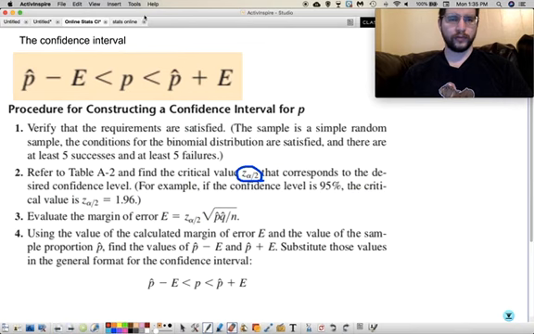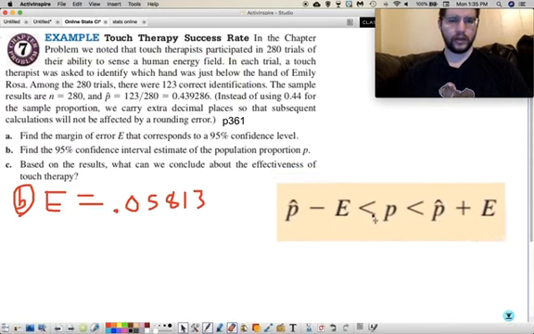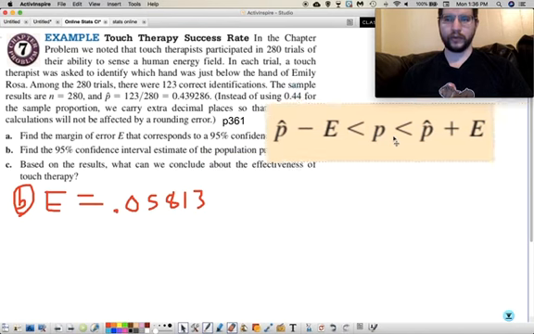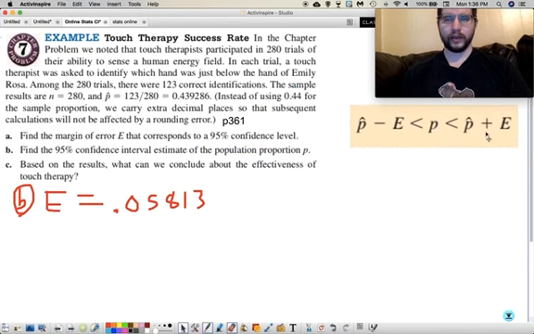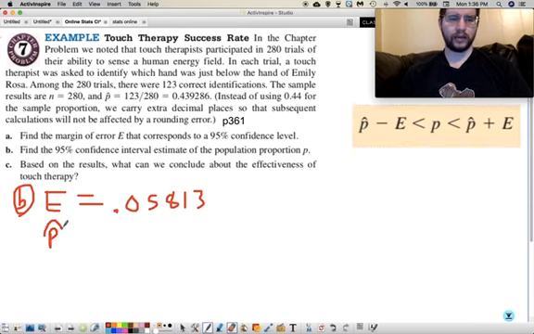Look at your formula. Here it is. All we have to do with that E is add it to our P hat and subtract it from P hat. So what was P hat again? Oh yeah, P hat was right here, 123 out of 280.